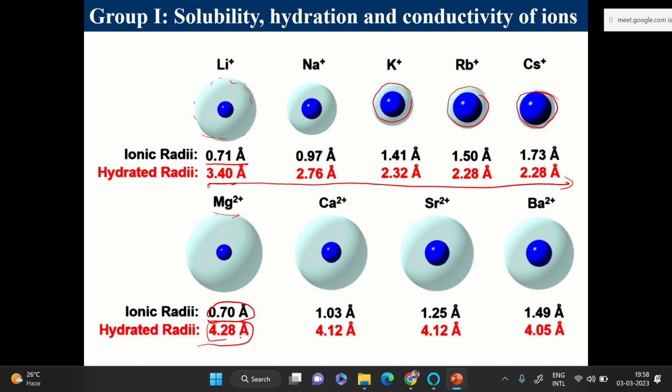So the interaction with water molecules is going to be much stronger, and so you can see here, starting from 0.7, there's a much larger number of water molecules which surround this Mg2 plus ion, and so its solvation shell is even bigger, 4.28.